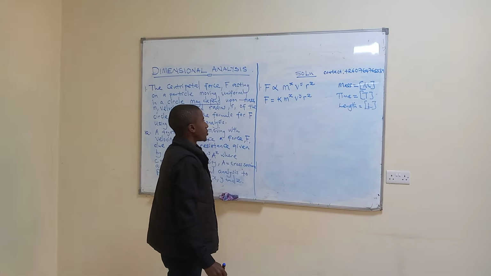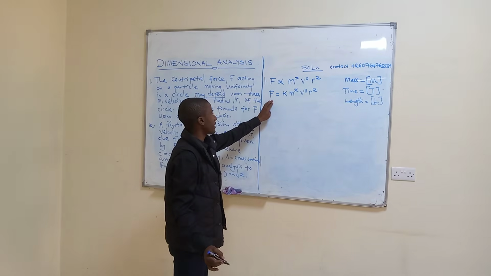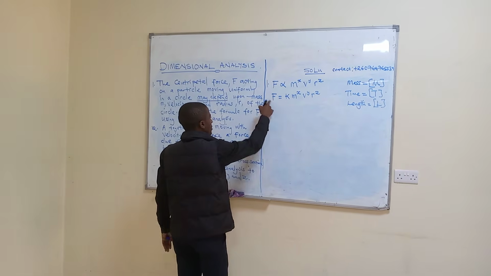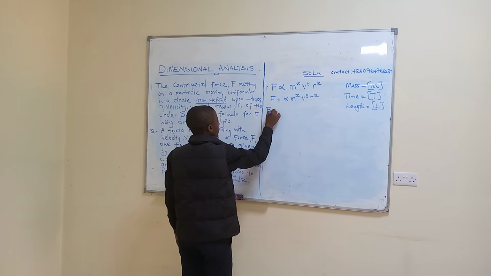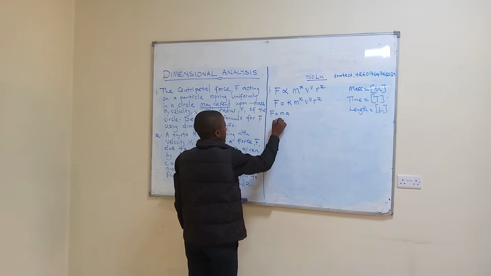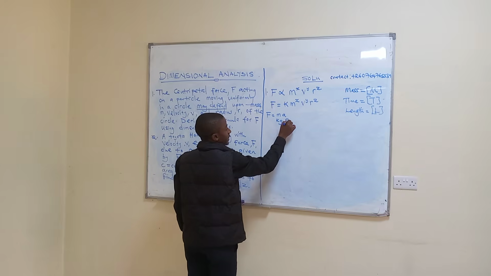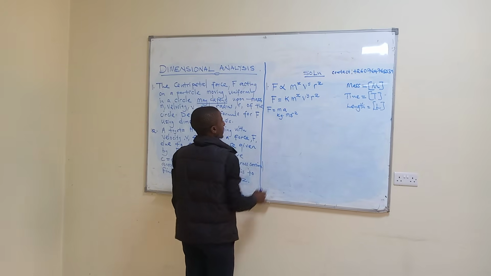What I am going to do now is to write the dimension of each variable given. So for force, we know that force is equal to mass times acceleration. Mass has SI unit kg, acceleration is in meters per second squared.